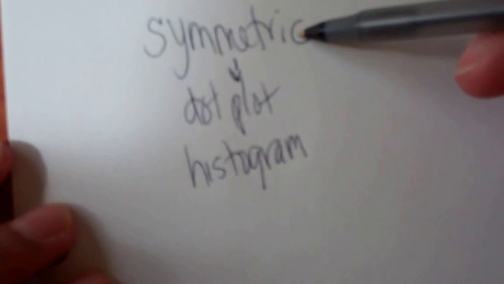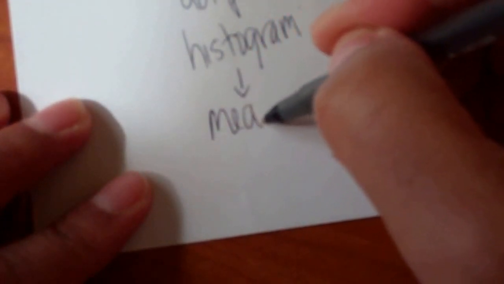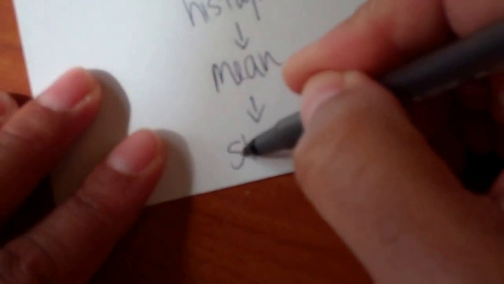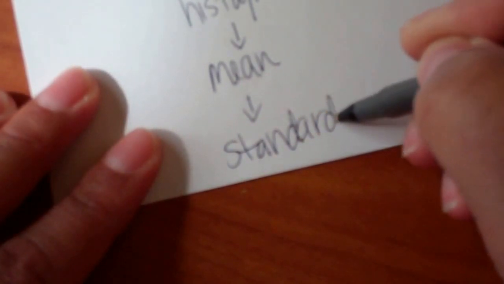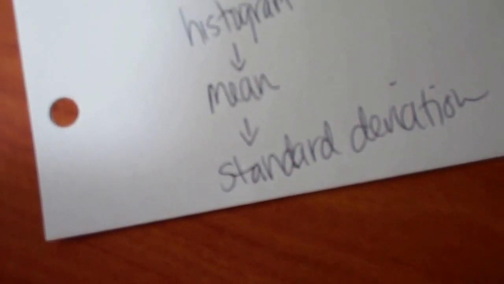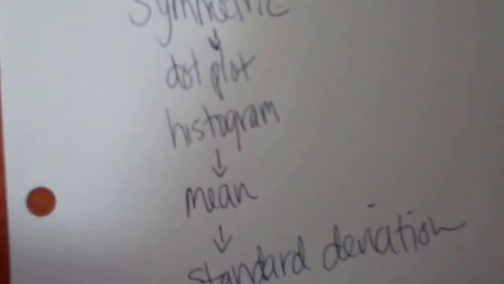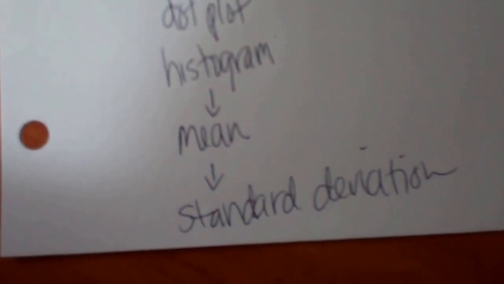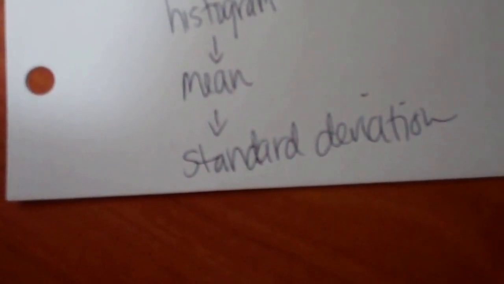So when you see symmetric, you're looking at a dot plot or histogram. When you see that, you need to employ mean as your measure of center and standard deviation as your spread. Employ your mean as your center and use standard deviation as spread.